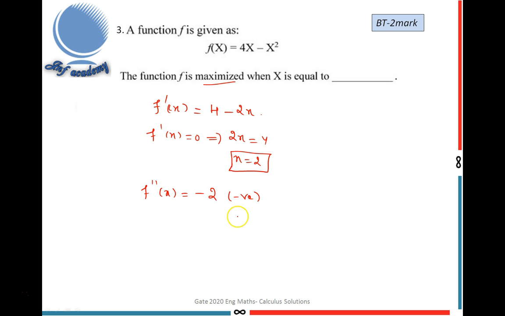So f has a maximum at x equal to 2, because f double dash of x is negative, less than 0. So the final answer is 2.